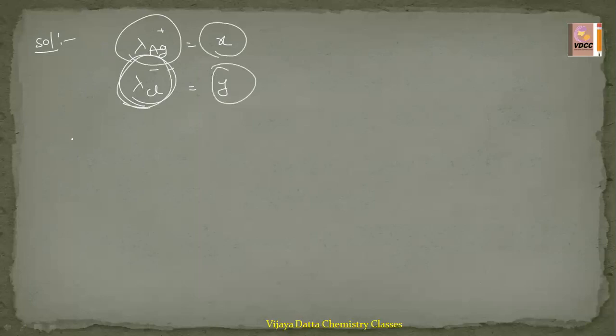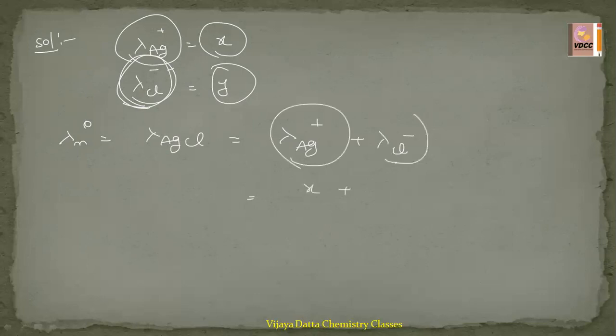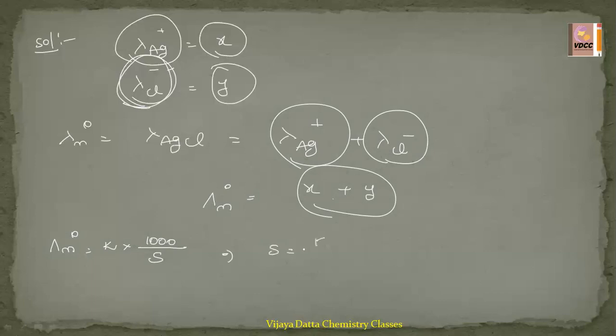First come to the standard molar conductance, capital lambda m naught for AgCl, which is lambda Ag plus plus lambda Cl minus, so it is X plus Y. Now we have a formula for capital lambda m naught, that is kappa into 1000 by solubility S. So S is equal to kappa by capital lambda m naught into 1000, and this value is kappa into 1000 by x plus y.